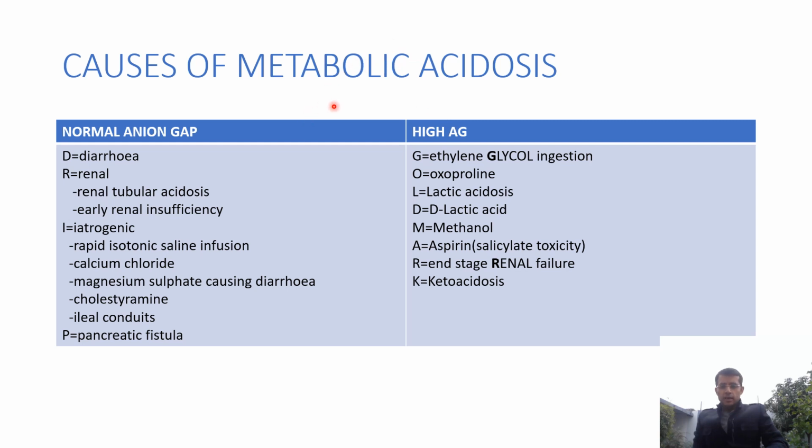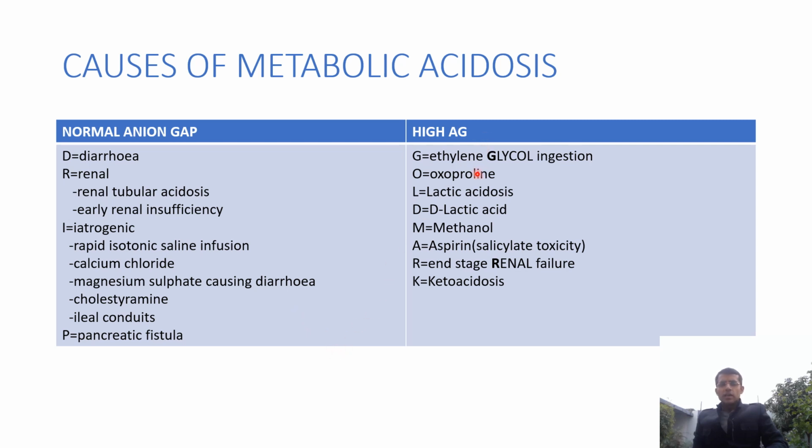Before we start with the clinical examples, we must know something in background: what causes metabolic acidosis, normal anion gap and high anion gap. Normal anion gap metabolic acidosis: diarrhea, renal tubular acidosis, early renal insufficiency, rapid isotonic saline infusions, calcium chloride injections, magnesium sulfate causing diarrhea, cholestyramine, ileal conduits, pancreatic fistulas.